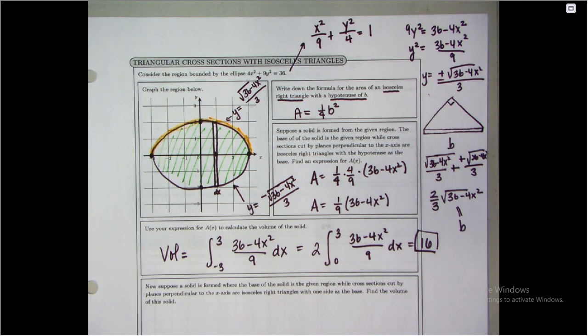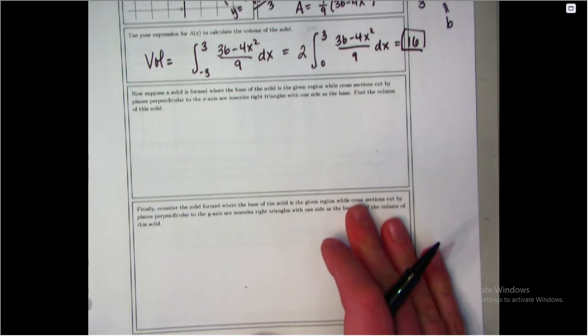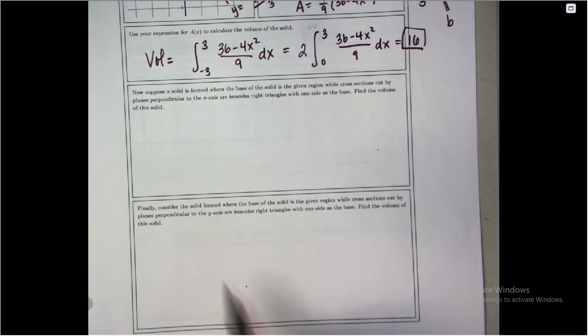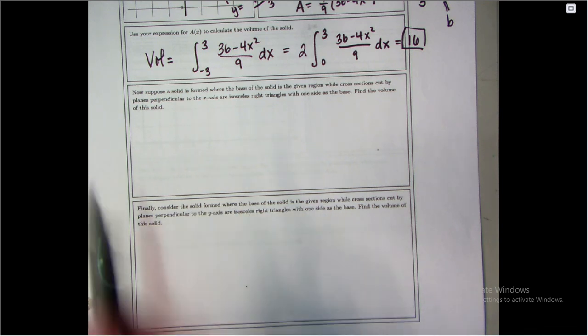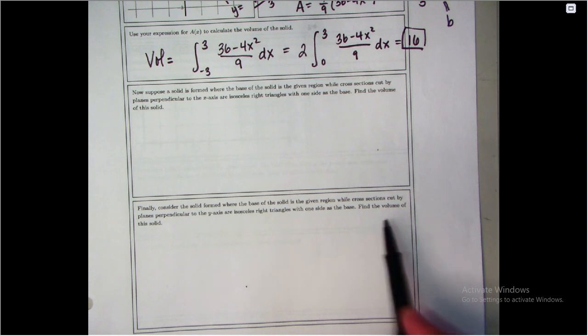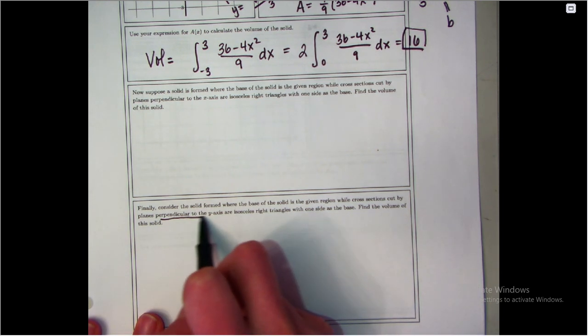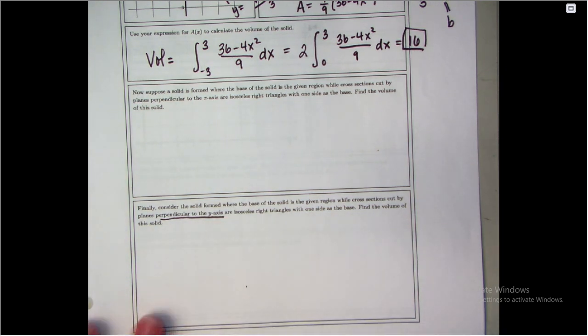In the interest of time, let's try another one at the bottom. We'll skip the middle. This one says you're going to consider the solid where the base of the solid is the given region, right at the top. But this time, cross sections are going to be cut perpendicular to the y-axis.